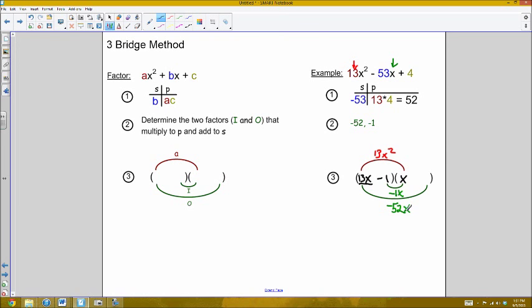And in order to get a factor of negative 52x, I would have to multiply 13x by negative 4 in order to get negative 52. So at the other end of this bridge would have to be negative 4. So that this trinomial, using this method, factors to 13x minus 1 times x minus 4.